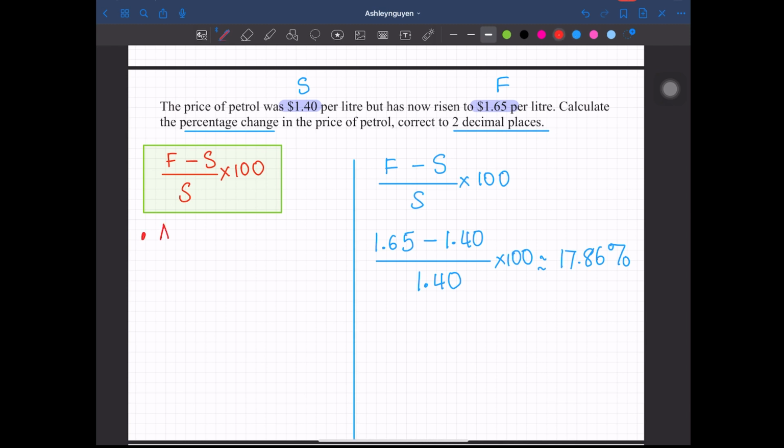So what is the mathematical proof behind this? Step 1, we need to find the amount of change of the petrol price. The price after change take away the original price was equal to 25 cents. Now we need to find the percent of the change over the original price.